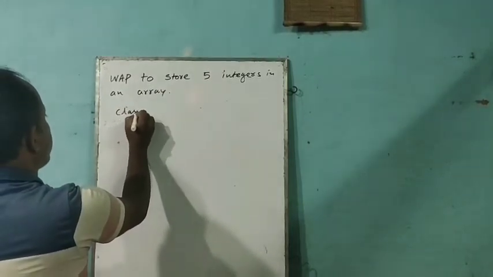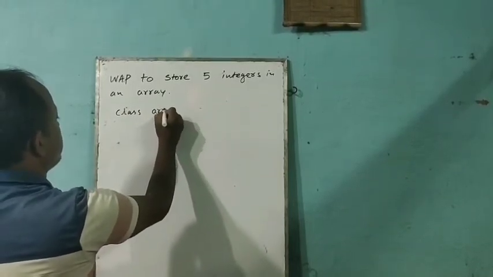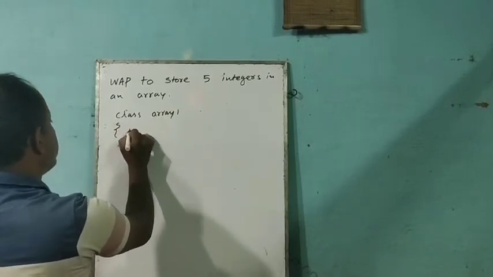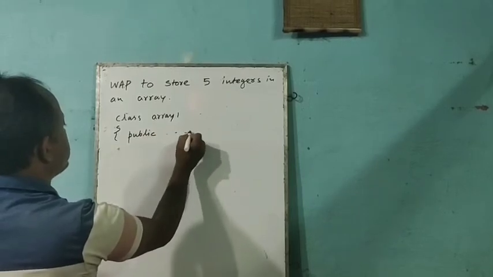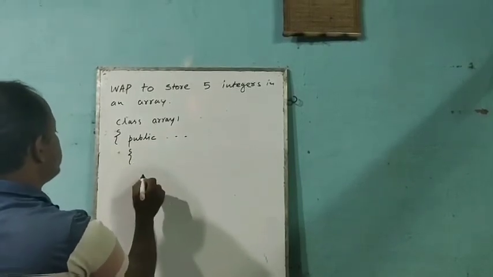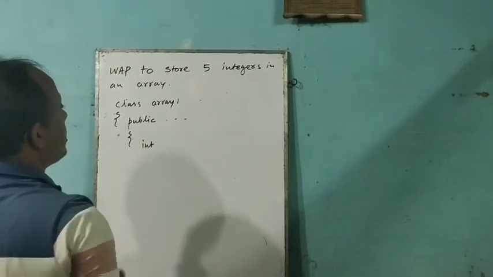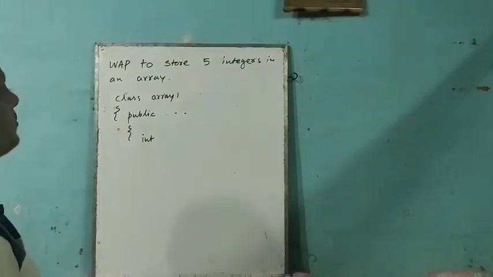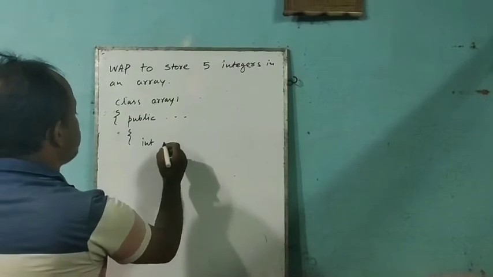Class array1, public static, as we write usually, then the declaration of the array. How many compartments do we have to create here? Since we have to store 5 integers in the array, we'll create 5 compartments.